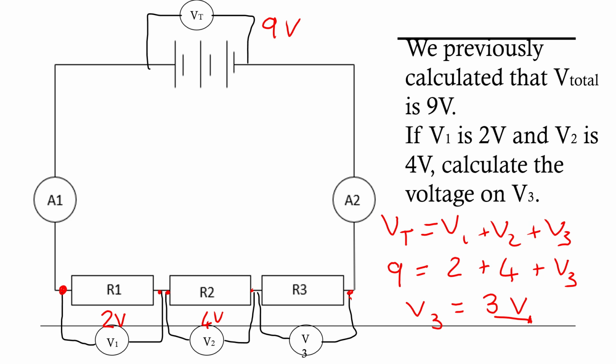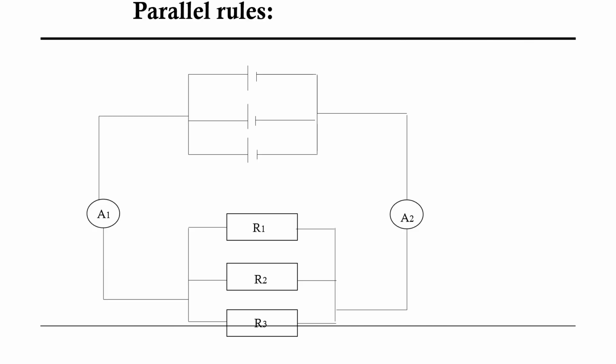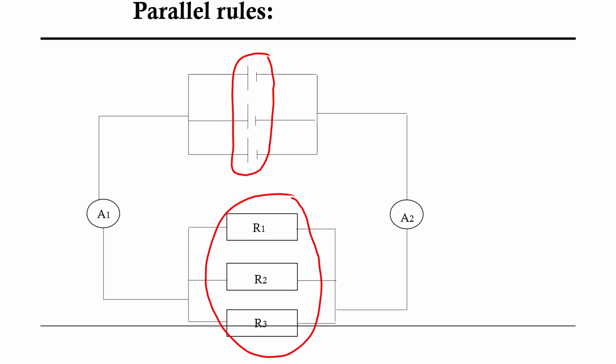Okay, the next one is parallel. So this is a basic parallel circuit. Over here, I have 3 cells in parallel, and over here, I have 3 resistors in parallel. We know this because we've taken our highlighter, we come into the cells, it needs to get split, so that means there are 3 cells there in parallel.